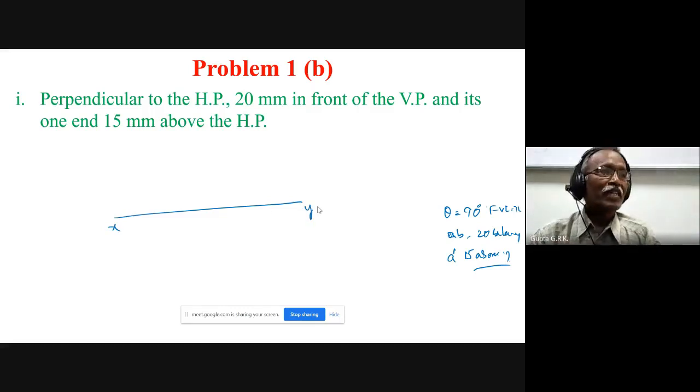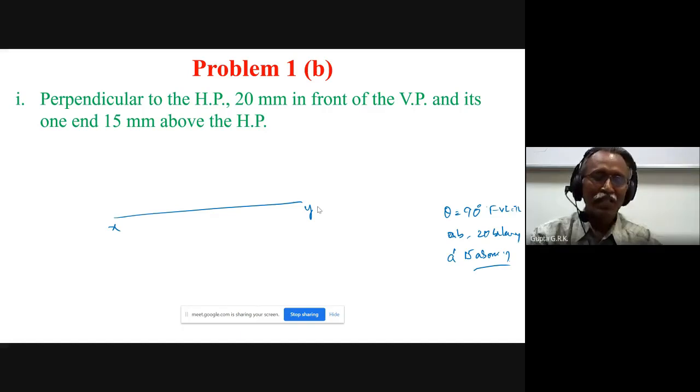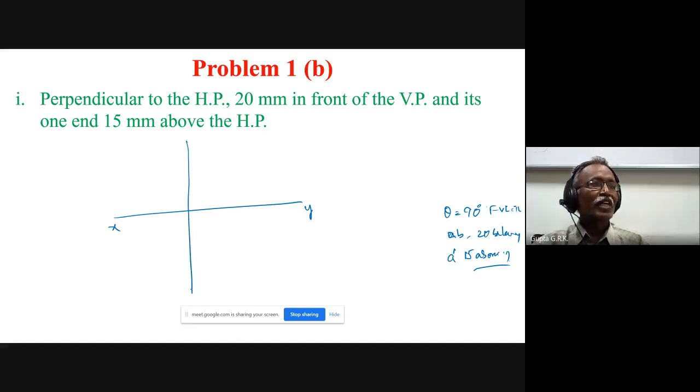And one thing you remember is that A, B, A dash, B dash, everything will come onto the same projector when it is perpendicular to one of the planes. Everything will be on the same line, because the top view is a single point and A dash B dash is perpendicular to XY, so all come to the same line.